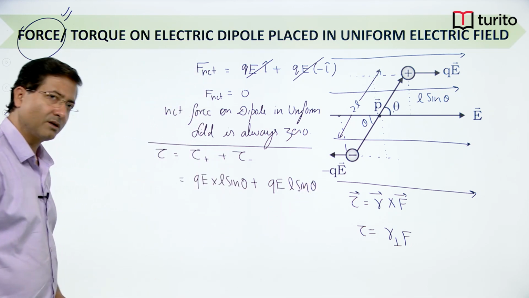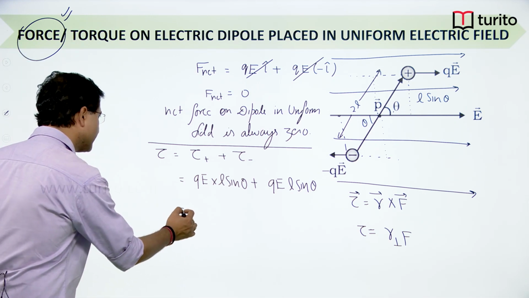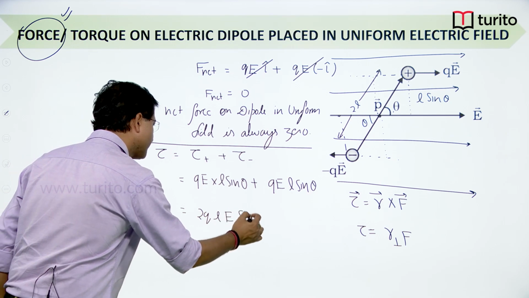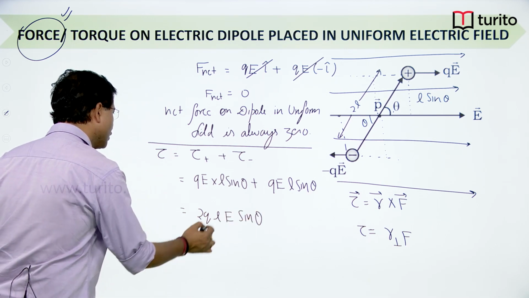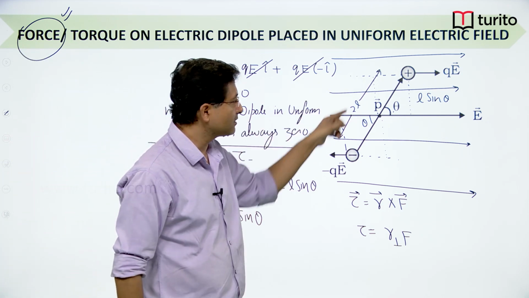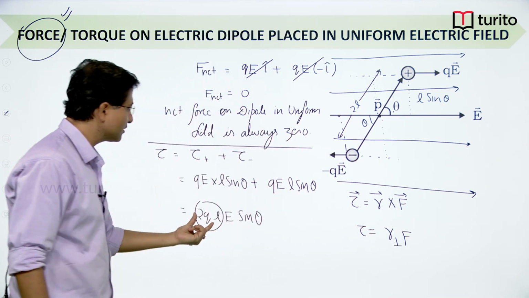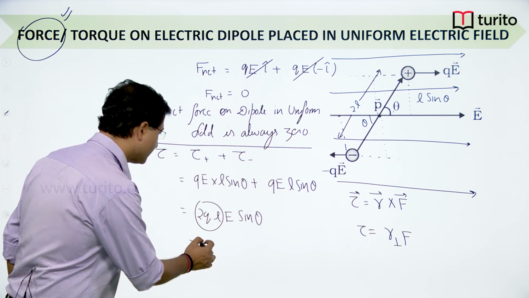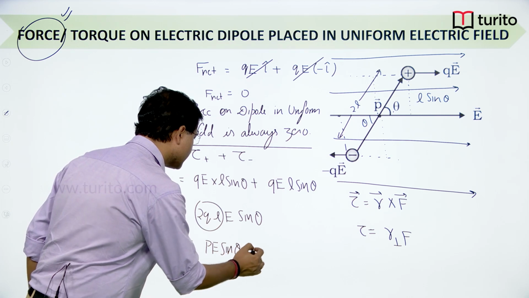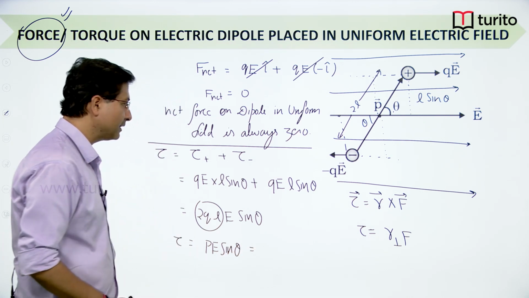If I simplify this, I will get 2QLE sin theta. Charge into separation, separation is 2L and charge is Q. Charge into separation gives dipole moment P, so PE sin theta. This is the magnitude of torque, right?